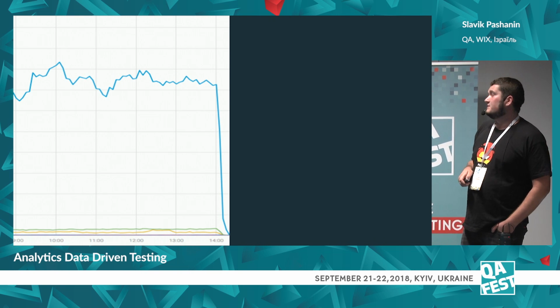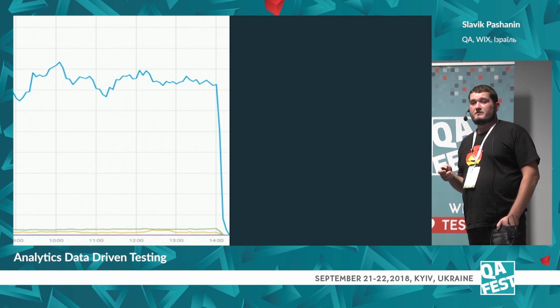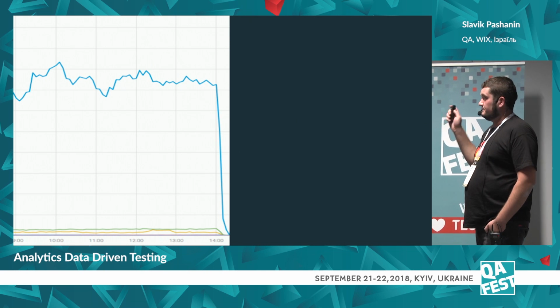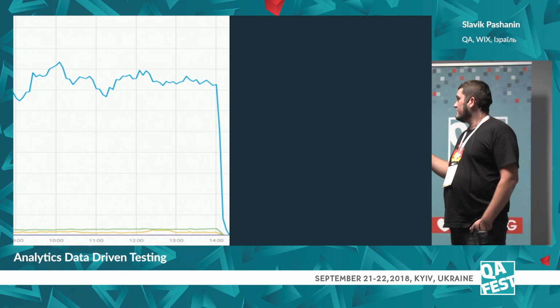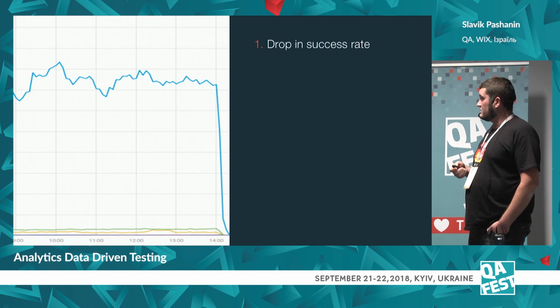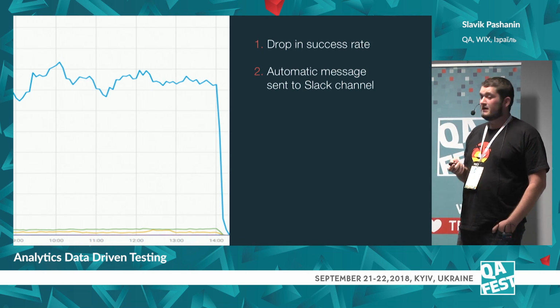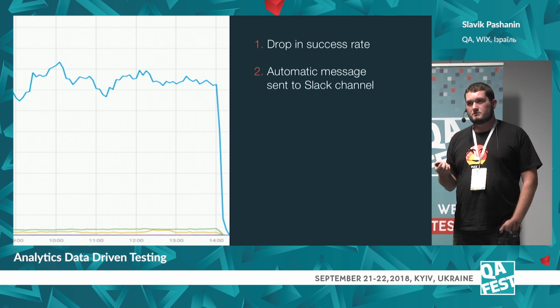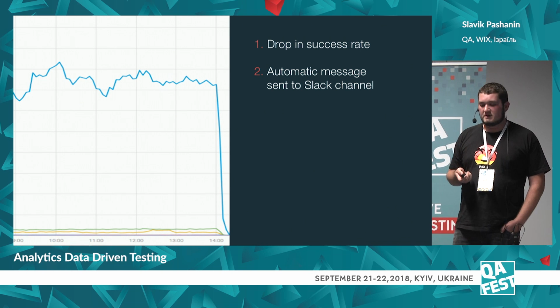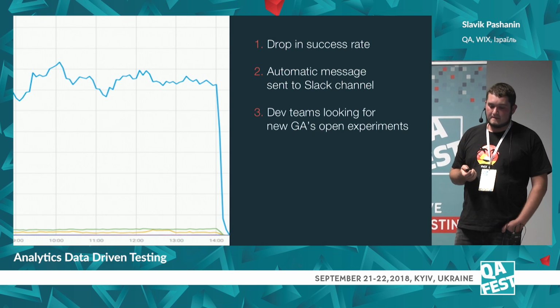This is an example of our graph, and we see that the success rate was good and then went to 0. So automatically the system recognizes something went wrong. It's not supposed to be like that.